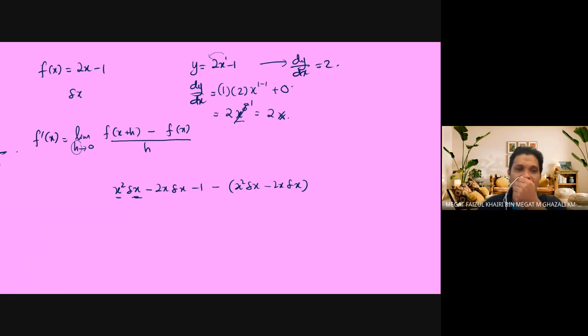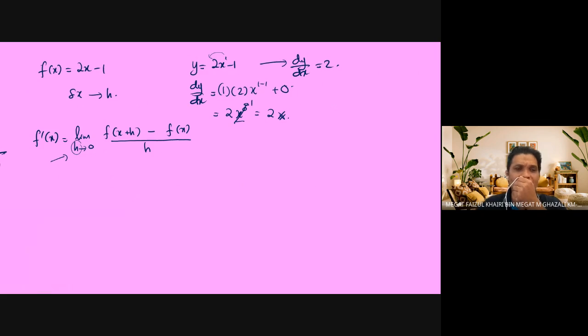So in matriculation we change the variable to h. From delta x we change to h. It is easier because we can differentiate between x and h compared to x and delta x.